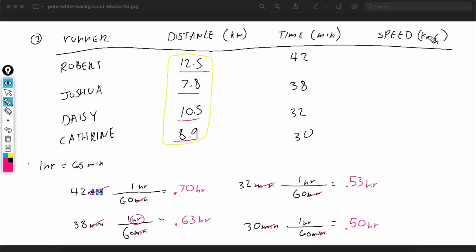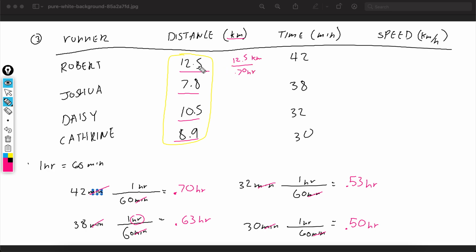Because think about it, what's the same? Our speed is kilometers over something, hours. Instead of minutes right here, we converted to hours. So for Robert, we're going to do 12.5 divided by, what did we convert his minutes to in hours? 0.70 hours.